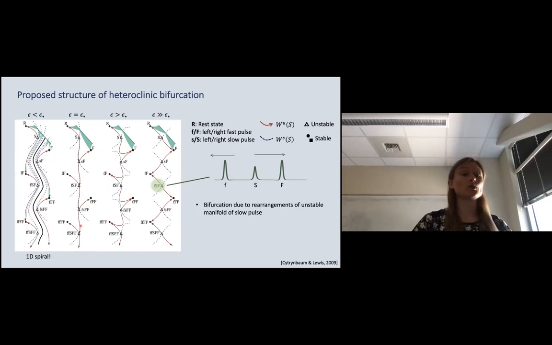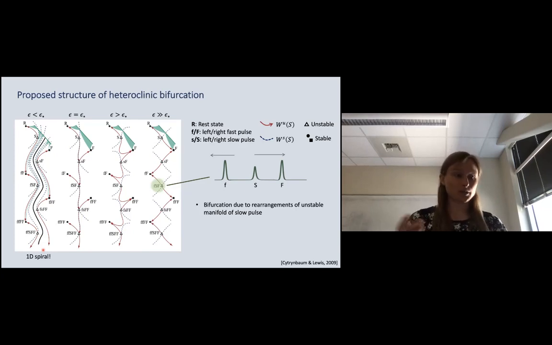Then when we move below epsilon star, the unstable manifold of the slow pulse, instead of connecting to that slow-fast pair, connects to an oppositely propagating fast pulse pair. As this whole chain breaks and reconnects, down the middle we get this unstable periodic orbit, which corresponds to the 1D spiral, the thick black line.